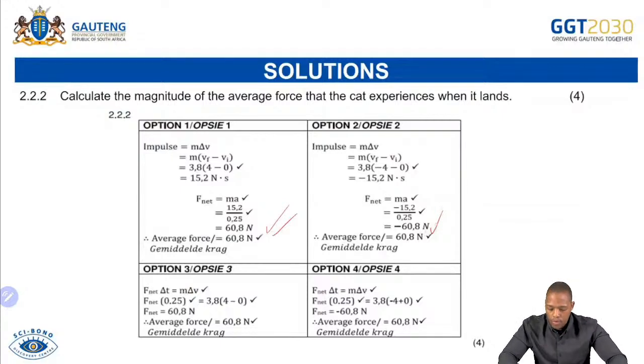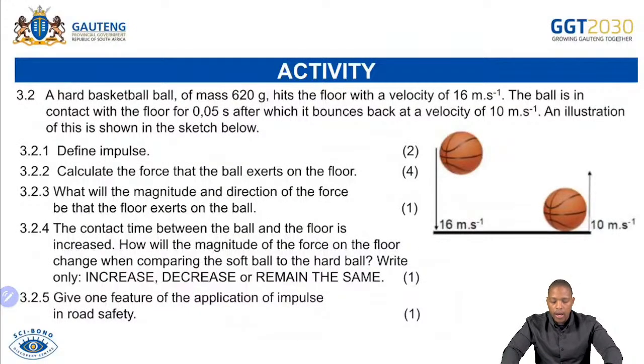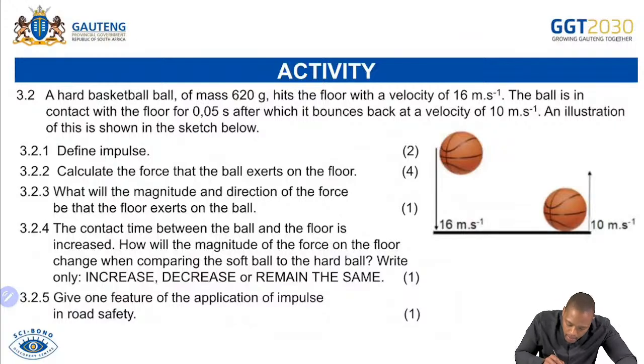Okay, let's continue and take another example or activity. This one is a big one, so we'll try and move faster, but without leaving people behind. This one says, a hard basketball of mass 620 grams. Again, the mass is given in grams here, so be careful.